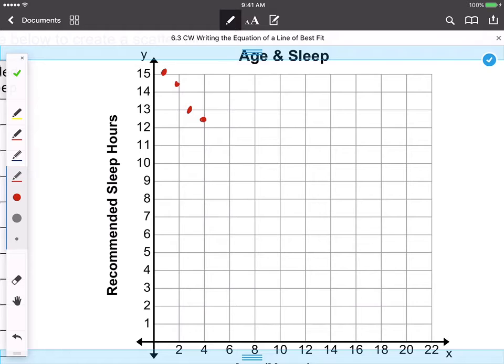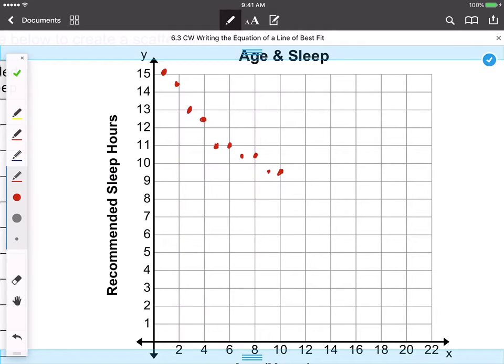You guys can probably actually plot these faster than I can. 5, 11. 6, 11. 7, 10.5. 8, 10.5. 9, 9.5. And at 10, 9.5 as well.